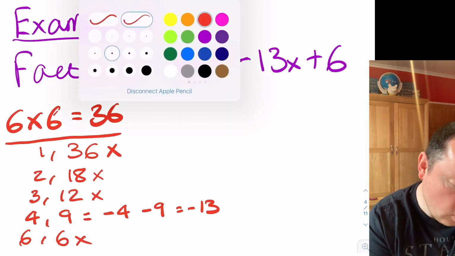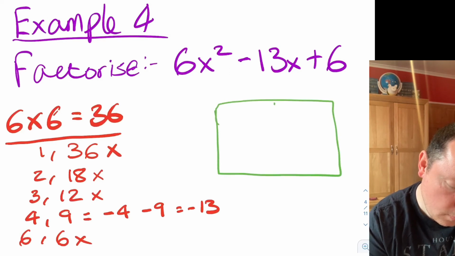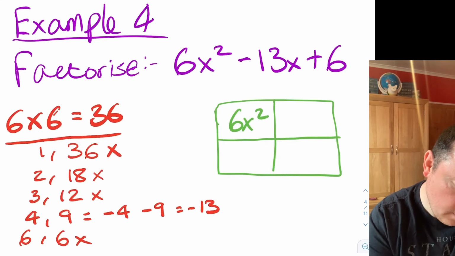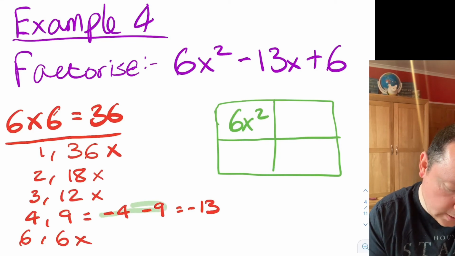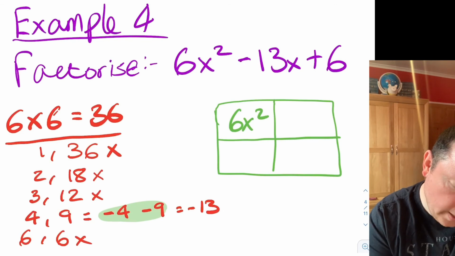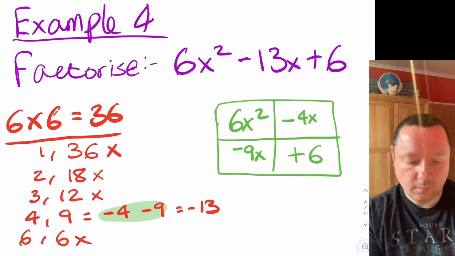So if we now draw our grid, we've got 6x squared. Now it's minus 4x. Let's just highlight that. Minus 4 and minus 9, remember, are key numbers for the grid. So minus 4x, minus 9x, make sure you take the sign, and plus 6, the last thing on the end.